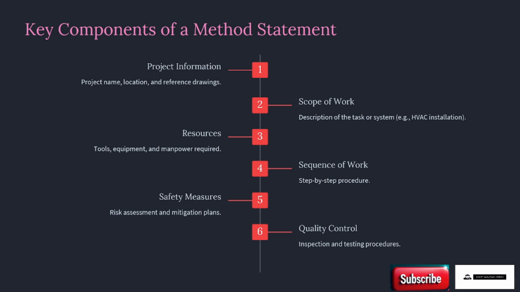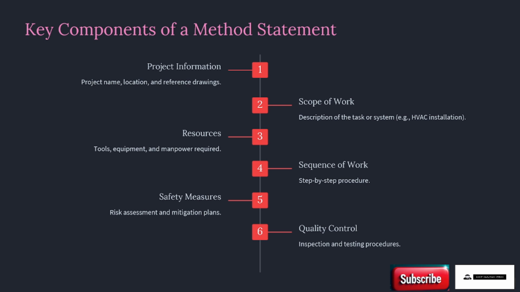For example, you need to mention in this method statement a scope of installation of duct, installation of chilled water, installation of refrigerant pipes, and so on. You need to include that in the scope of work.